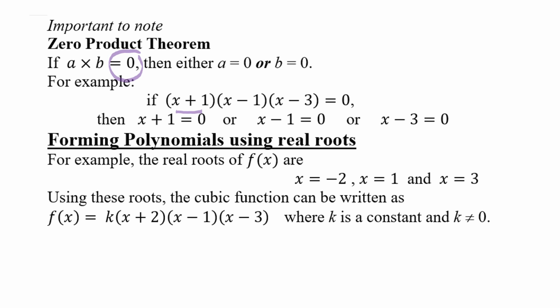So if any one of them is 0, you'll be ensured that the right hand side ends up as 0. So it's x plus 1 equals 0, or x minus 1 equals 0, or x minus 3 equals 0. From there you can find the values of x. The important thing to take note of is that if you want to apply the zero product theorem, the right hand side has to be equal to 0.